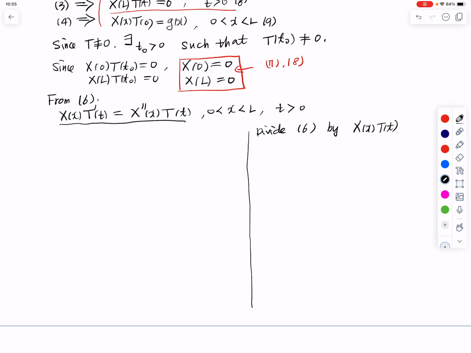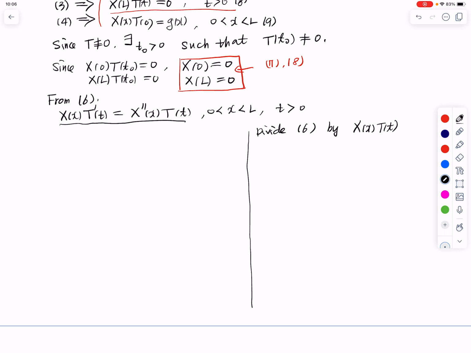You cannot actually divide by X(x)T(t) because for some point x or some point t, this could be 0. So that's why I told you this is not mathematically rigorous. Okay, so let's just try to divide.